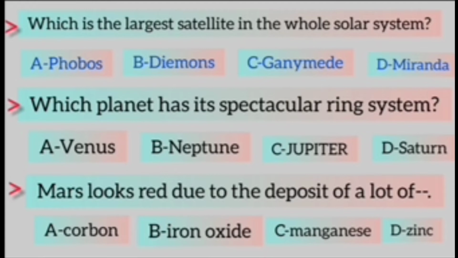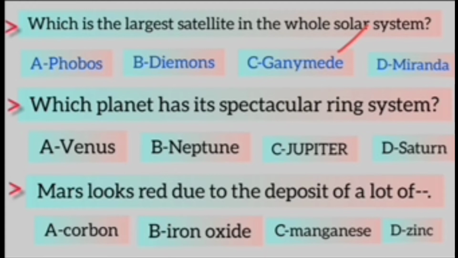Option A. Phobos, B. Deimos, C. Ganymede, D. Miranda. Answer C. Ganymede. Phobos and Deimos are the natural satellites of Mars, and Miranda is the satellite of Uranus.